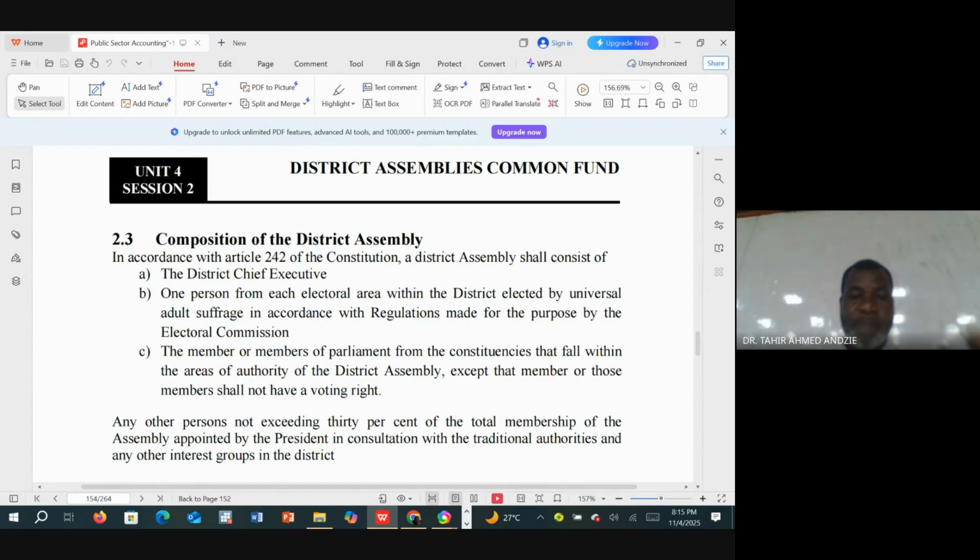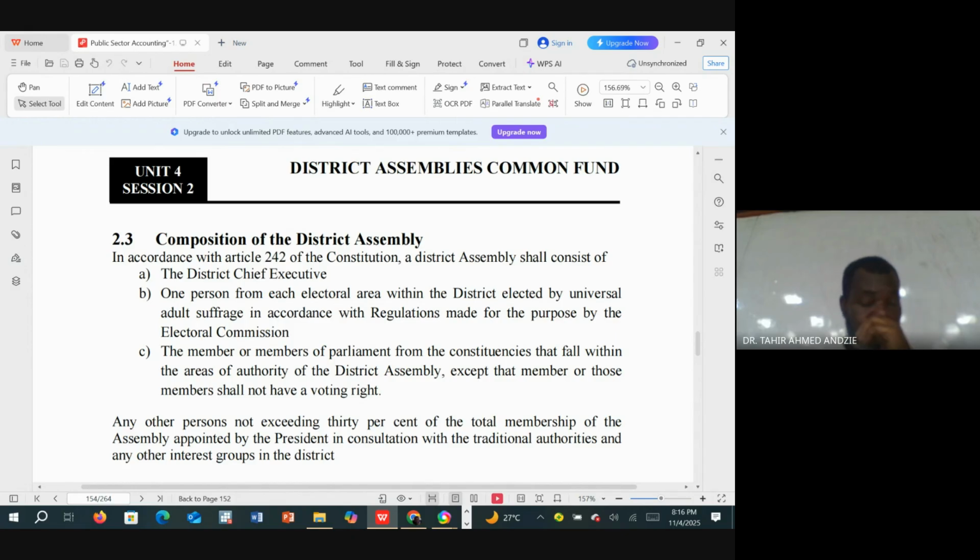Because if you look at the powers given to this chief executive, if you don't get the right person, the district will not develop. The government comes to power for 4 years, and if they are given another chance, that is 8 years that the government will be in power, and if the person is there for 8 years without any initiative, the district will not develop.